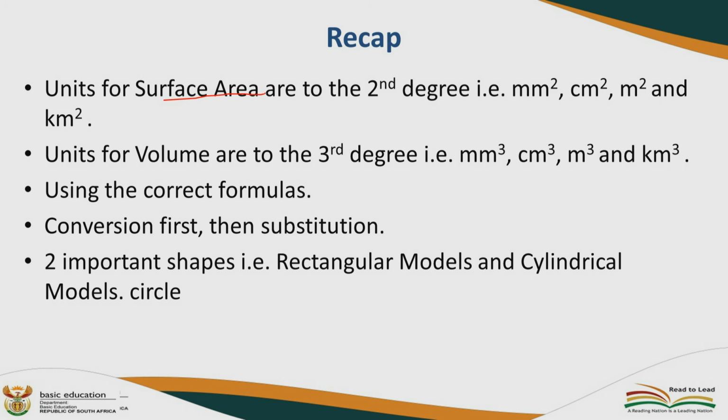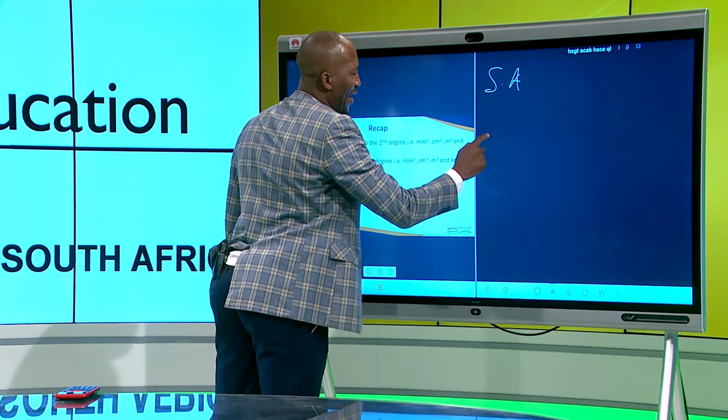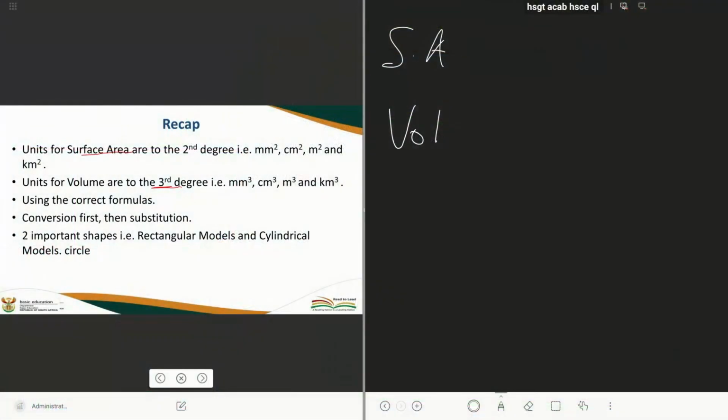Point number 2, units for volume are expressed using the third degree: millimeter cubed, centimeter cubed, meter cubed, and kilometer cubed. What is important when you are doing surface area and volume? Make sure that you utilize correct formulas for both of them.